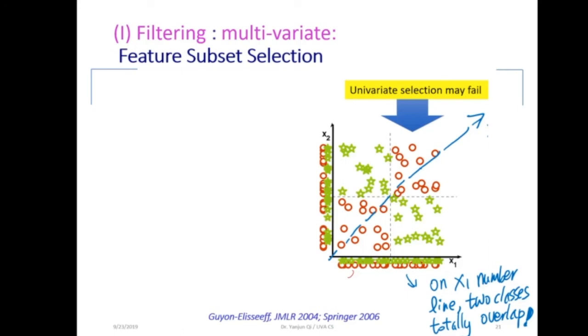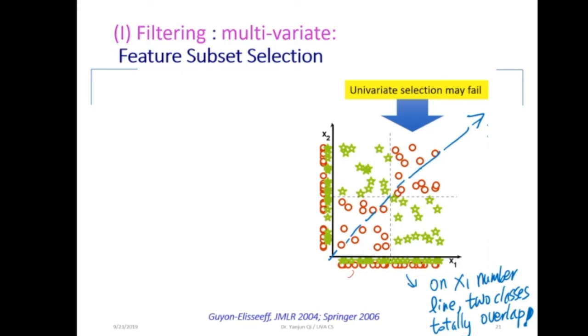If you only look at feature 1, which is equivalent to projecting everything down to the x1 coordinate, that single coordinate, from left to right, these are the yellow, maybe class 1, and the red class 2. They completely overlap with each other. Same thing happens on x2, right?